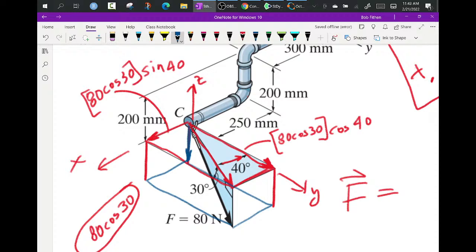I hope that makes sense. Now, you have to realize this sweeps through 30 degrees here. So this component, which is the same as that, is 80 times the sine of 30. Why? Because you actually have a triangle that sits here like so.